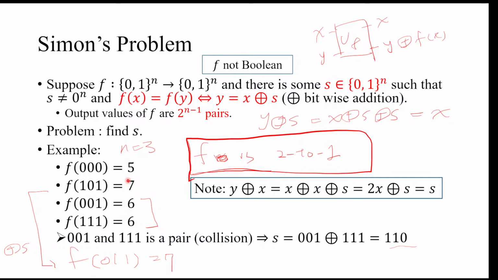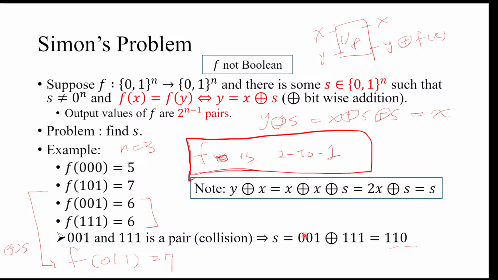For simplicity, we write the outcome as numbers from 0 to 7 instead of 3 bits, but really it's 3 bits to 3 bits. Then we know 0,0,1 and 1,1,1 are paired together by s, and from here we can calculate s.